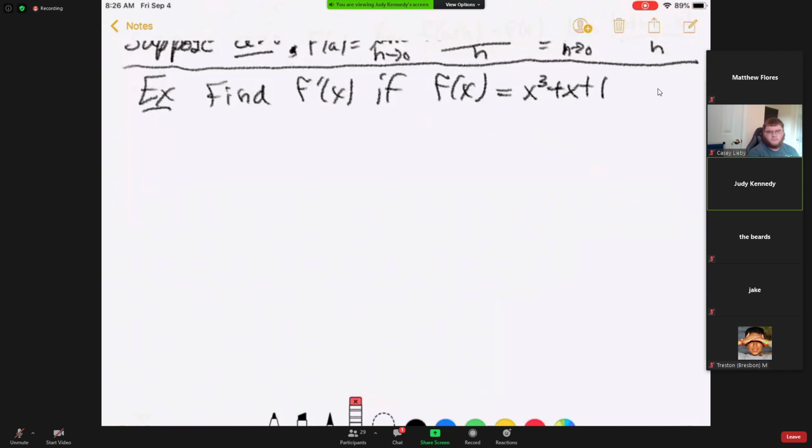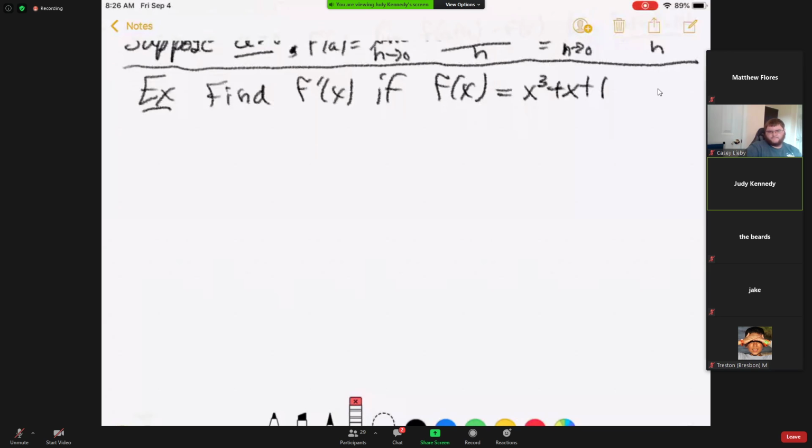All right. We want to find the derivative for this function, and it's going to be a little bit tedious. That's a cubic polynomial. Would you rather use the x approaches a definition or the h approaches 0 definition? Pick one. Nobody's willing to?